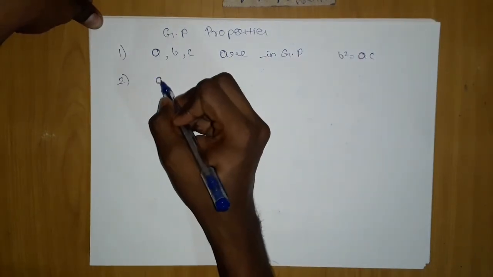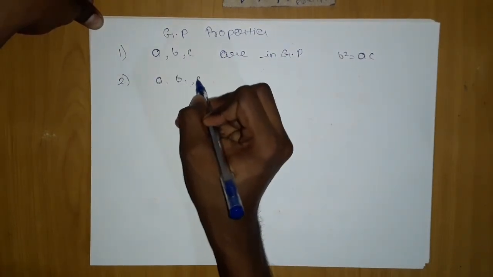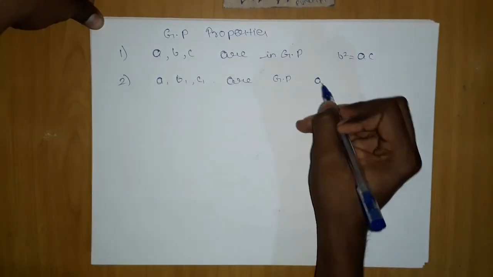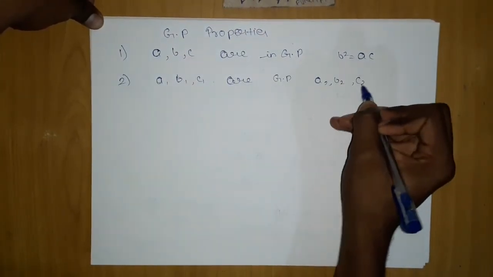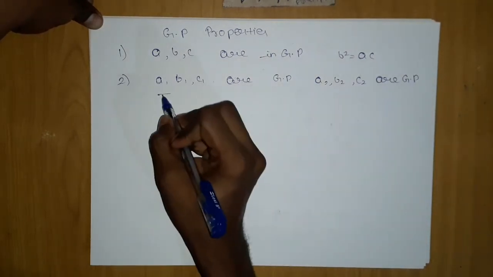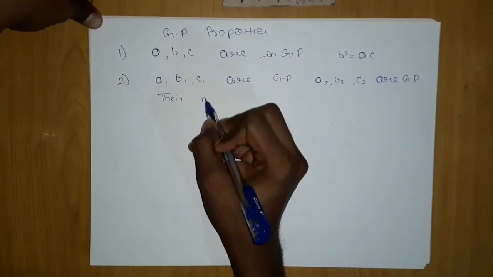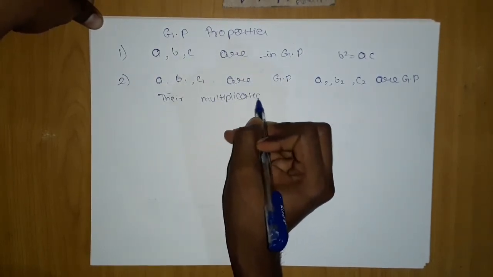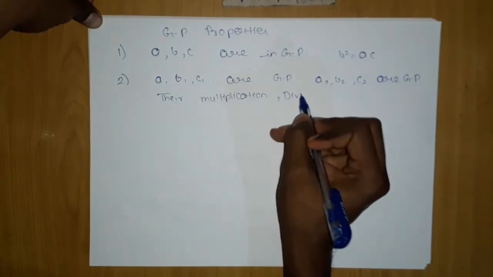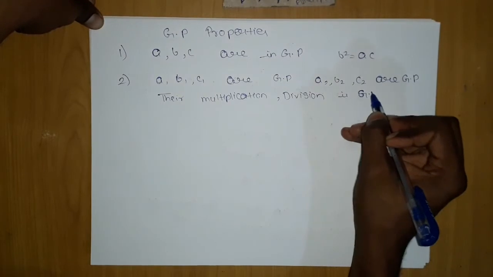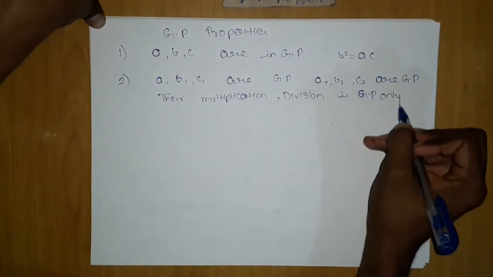Second property: if A1, B1, C1 are in GP, and A2, B2, C2 are in GP, then their multiplication and division are also GP.